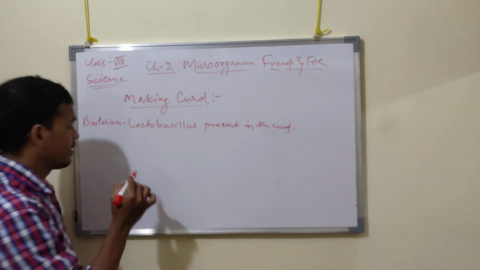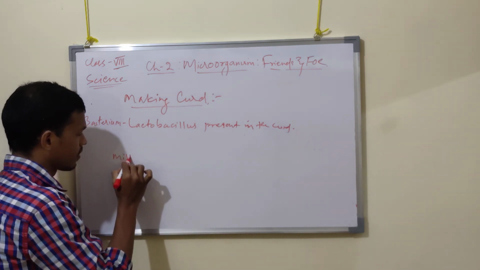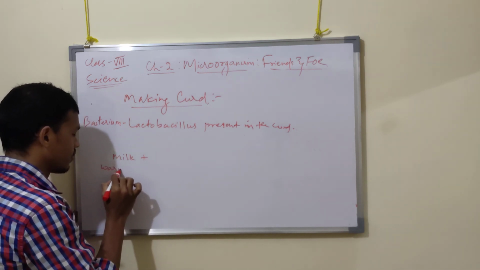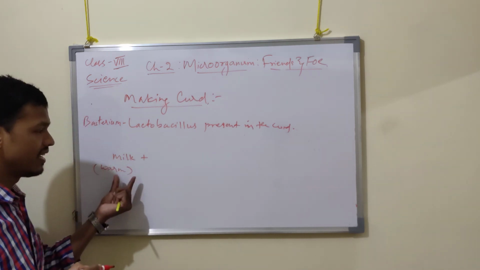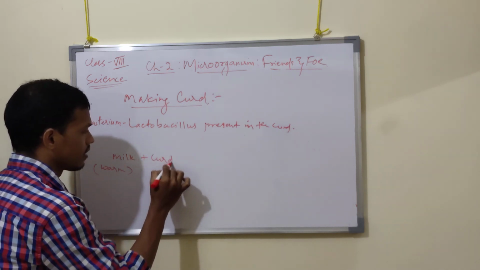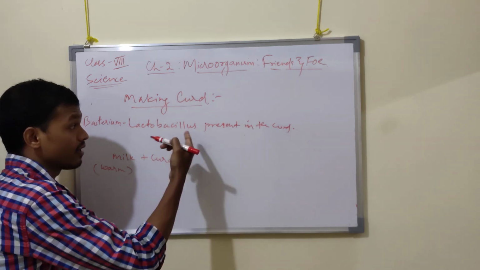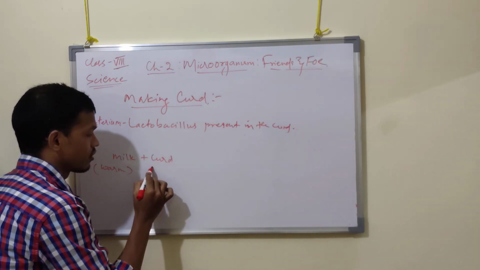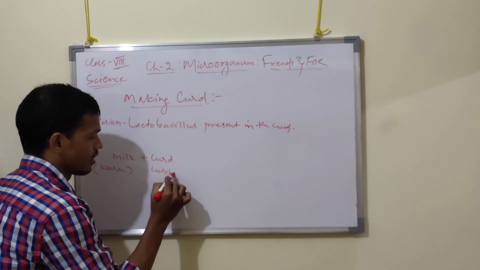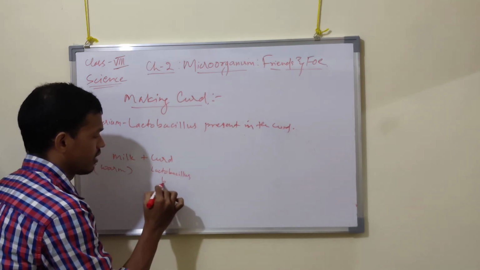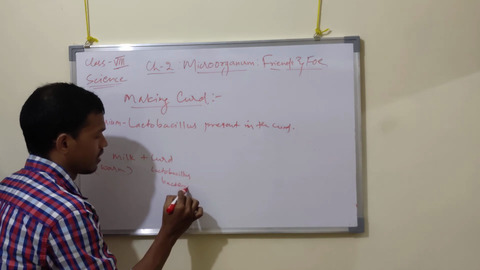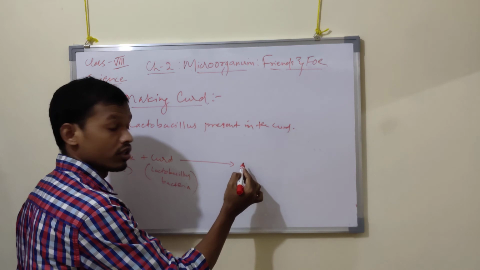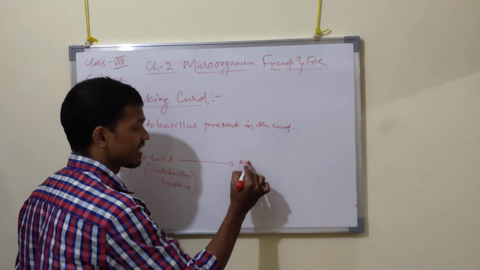So first the milk is warm. Then the warm milk is added with curd, which has the presence of lactobacillus bacteria. Then what is it converted into? The milk is converted into acidic milk.